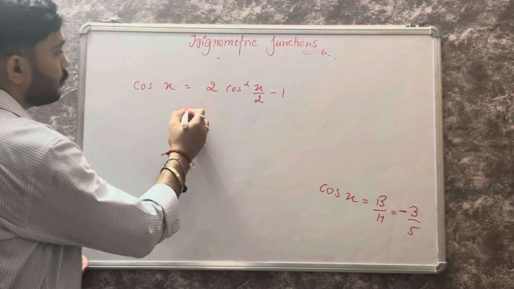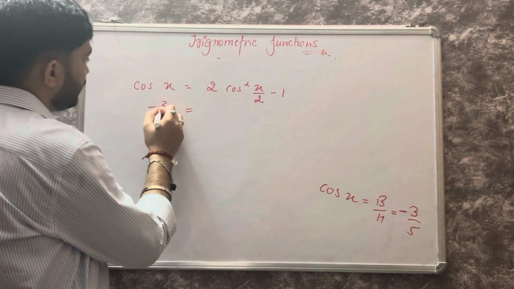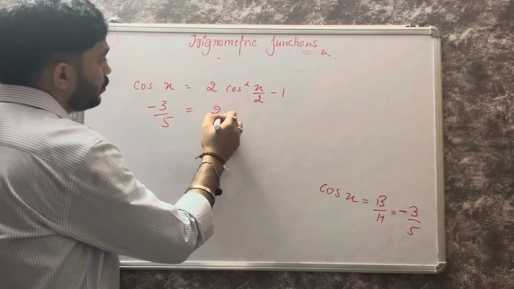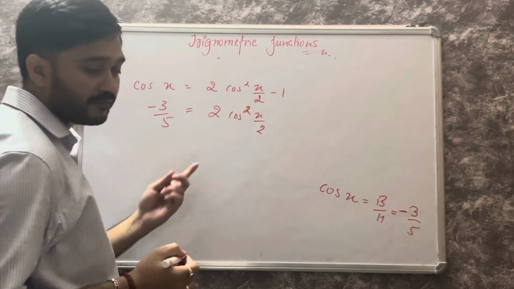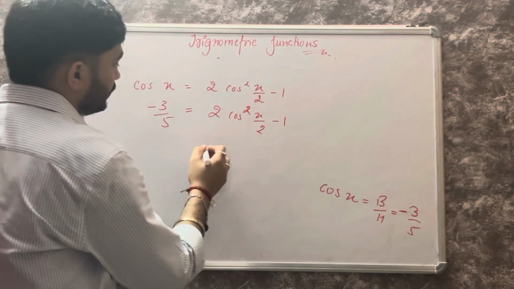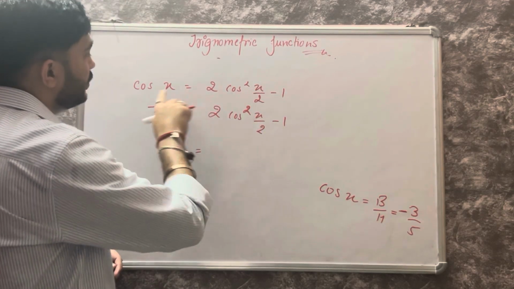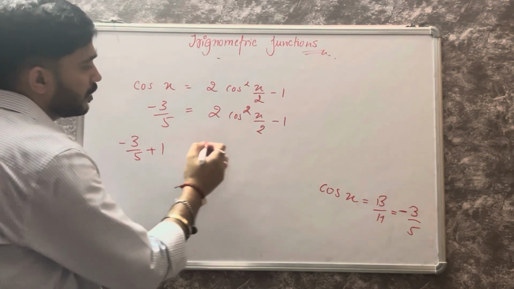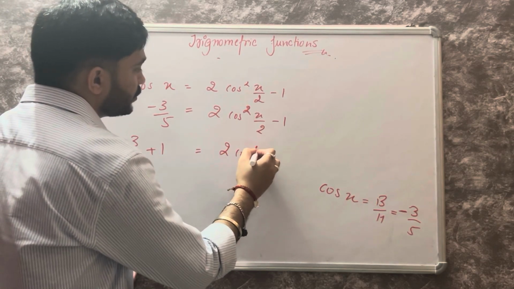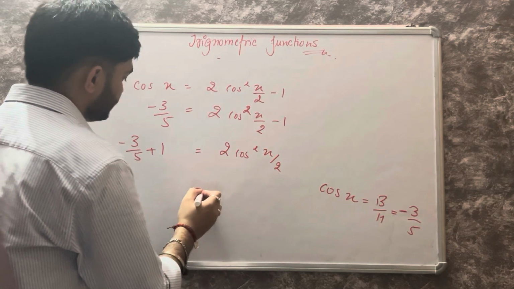So what is the value of cos x? Minus 3 by 5. The value of 2 cos square x by 2 is going to be found by us, and minus 1. This minus 1 will go to that side and will become plus 1. Here 2 cos square x by 2.